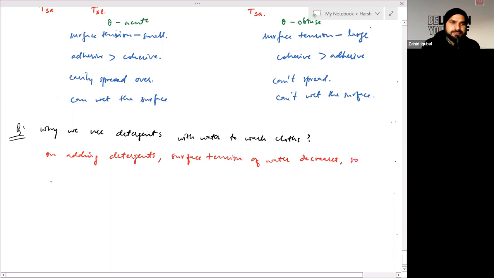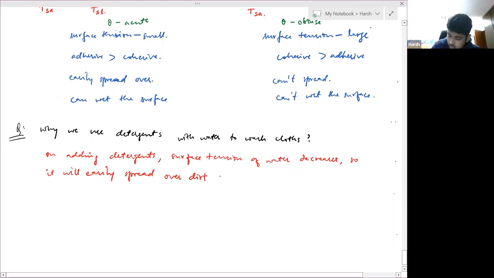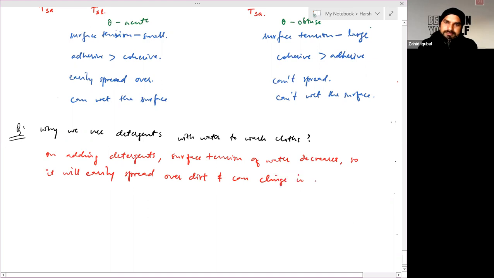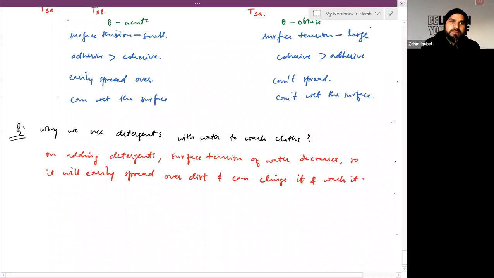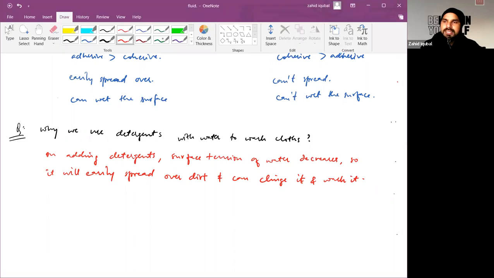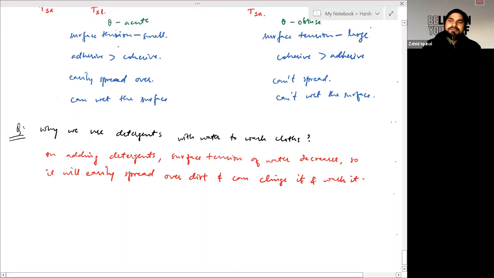So it will easily spread over dirt and can cleanse it and wash it. Hence, we use detergent along with water. Any doubt? No, sir.